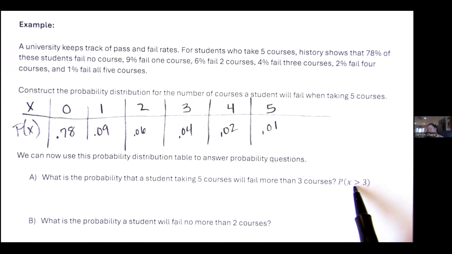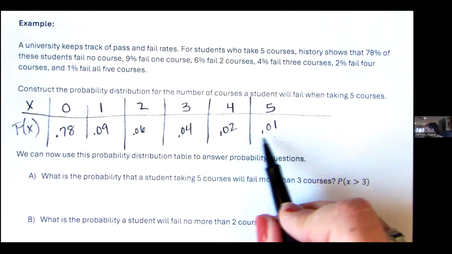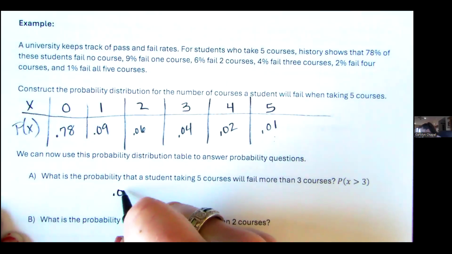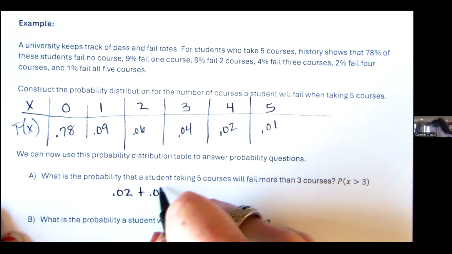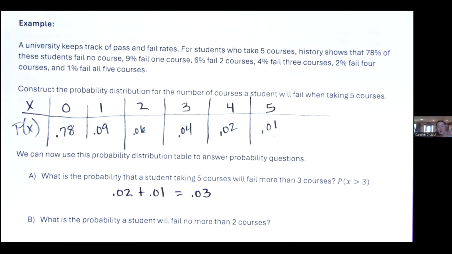When I say greater than 3, that means we're looking at 4 or 5. So all I have to do is add those 2 pieces together. The probability of failing more than 3 would be 0.03.